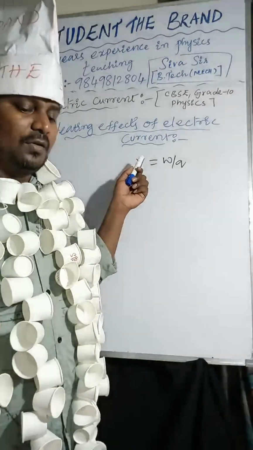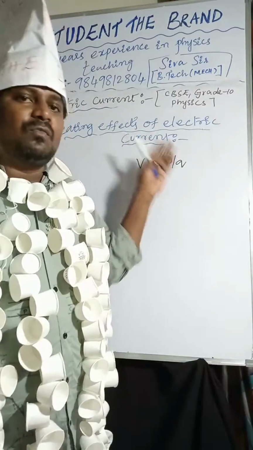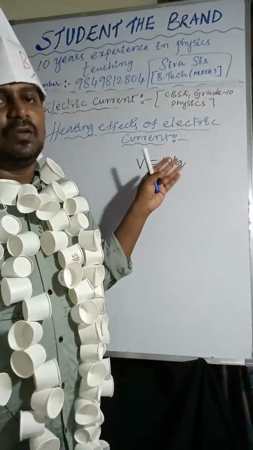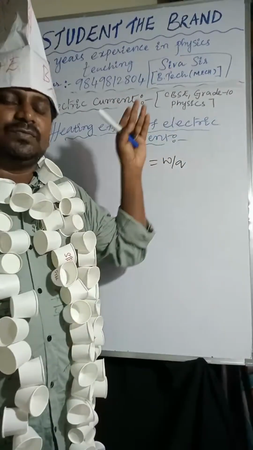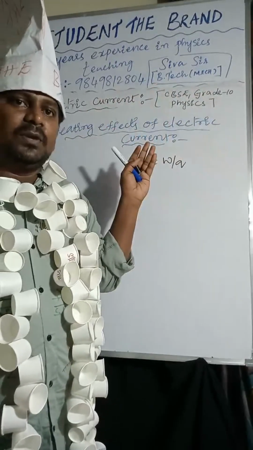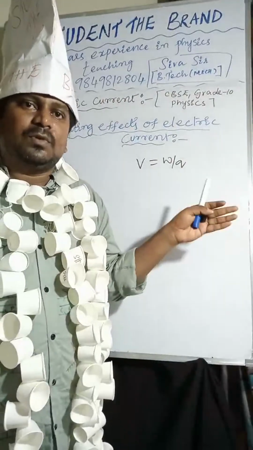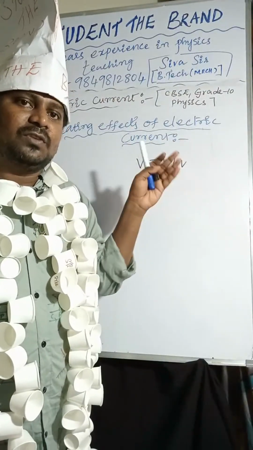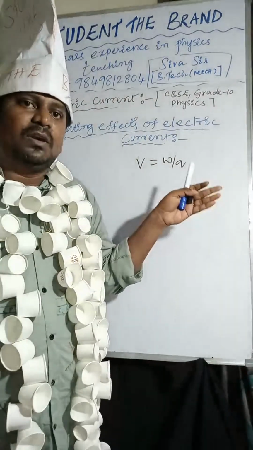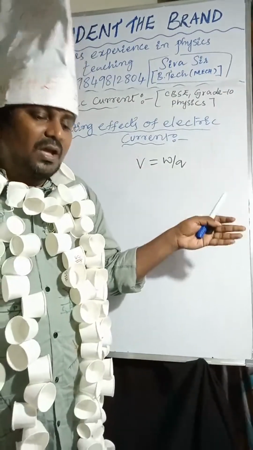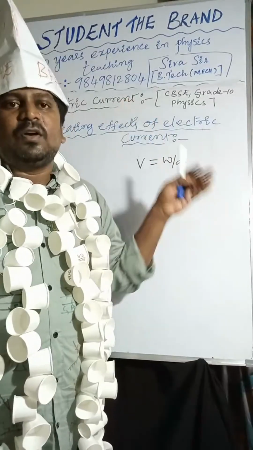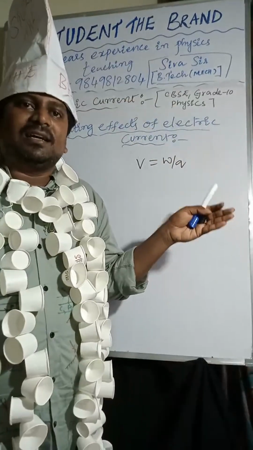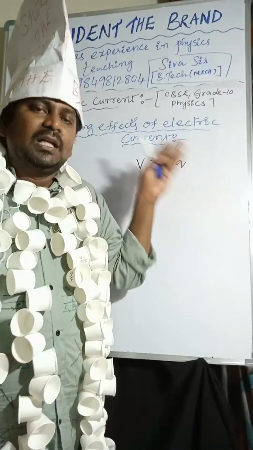The work done to bring unit positive charge from one point to another point within the conductor is called potential difference.